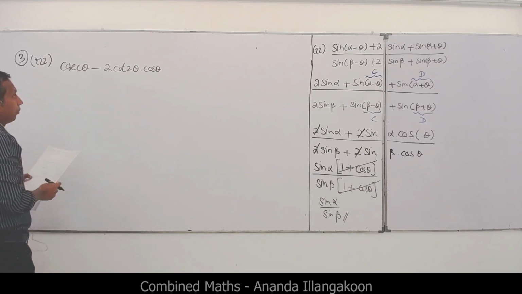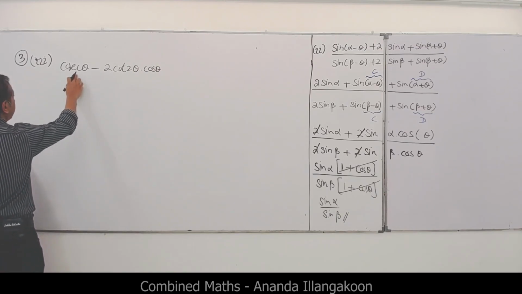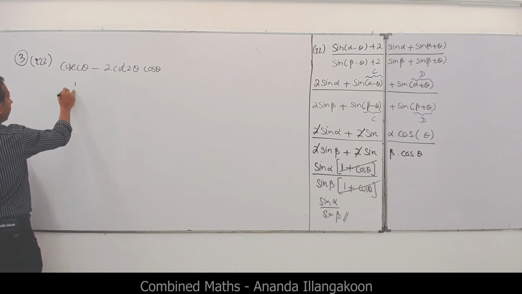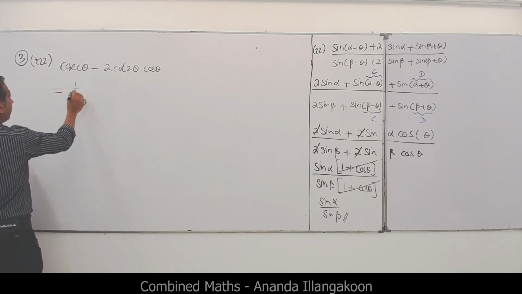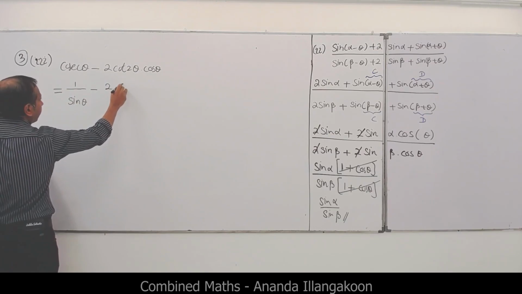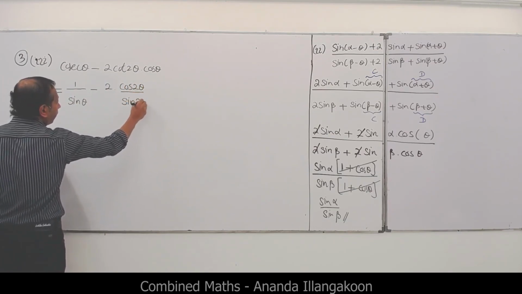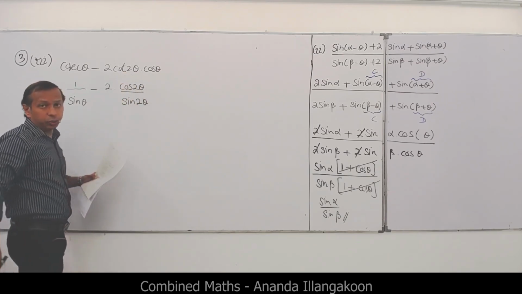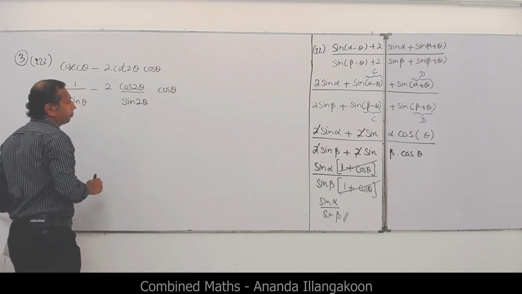Right. Its answer. People, now this cosec theta I can write 1 over sin theta. Okay. 2 cot 2 theta I can write as cos 2 theta divided by sin 2 theta. Cot means cos over sin, no? Right. And here cos theta.